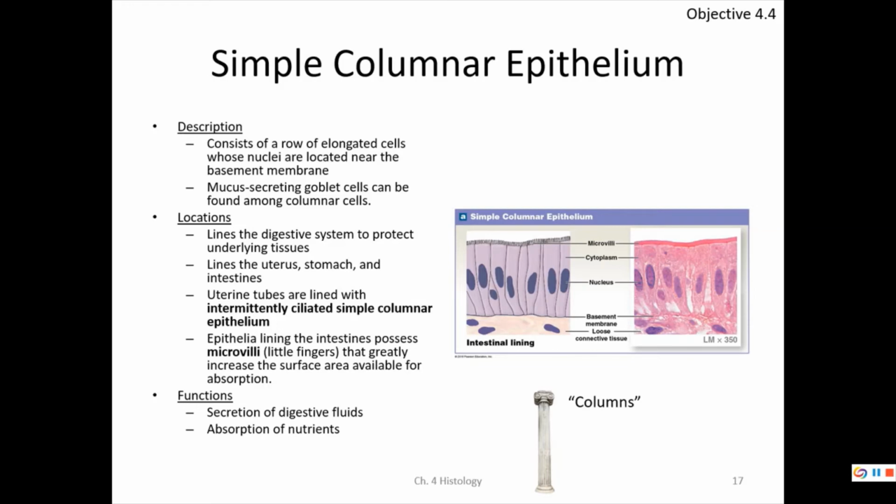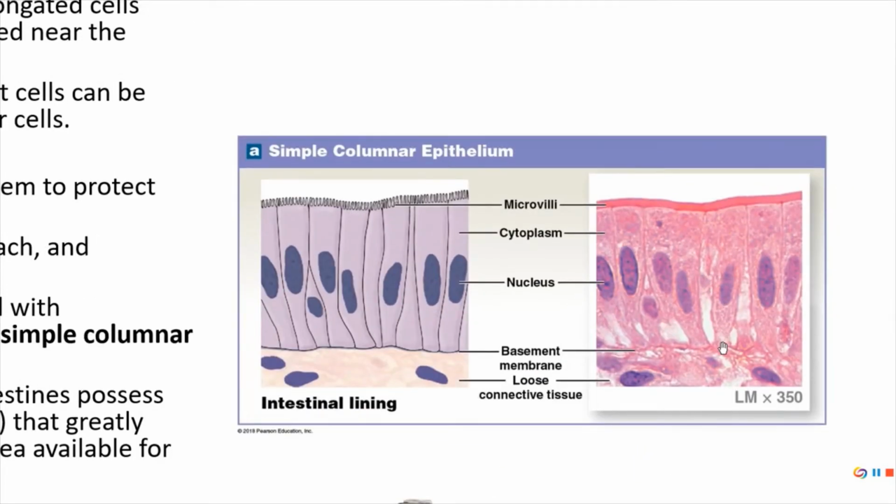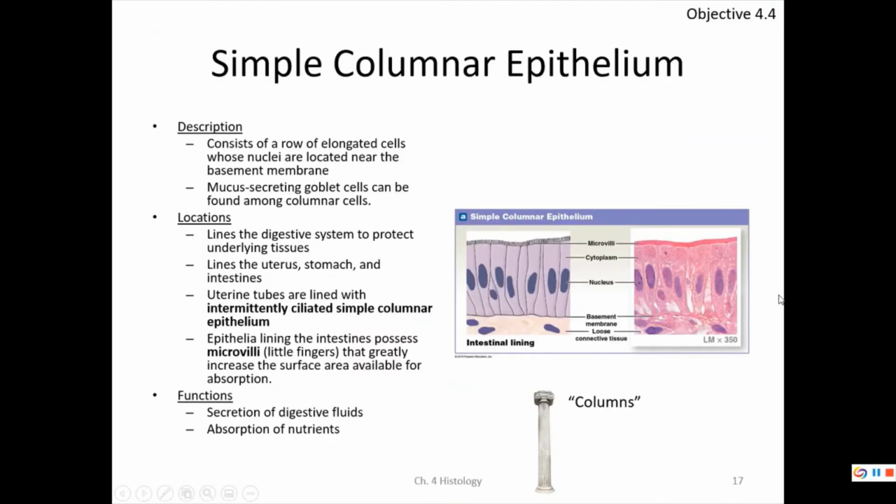Simple columnar epithelium. As you can see here, one layer of long and tall cells. Here's one cell, here's one cell, long and tall, one layer, okay? These cells usually have a nucleus located a little further down near the bottom.